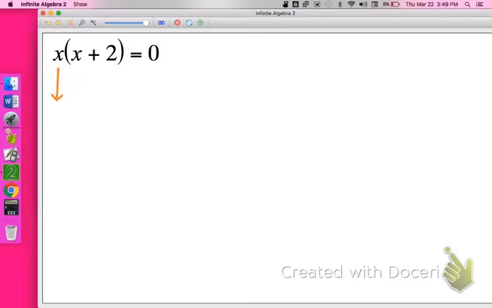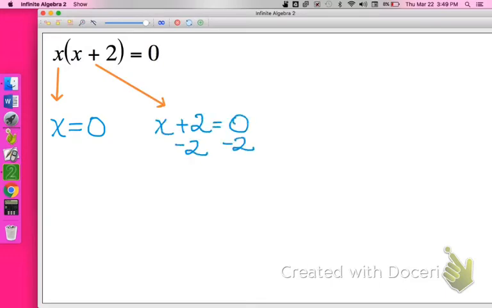So if I let that equal 0, something times something equals 0, this x can also just be a plain old 0. Okay? And then this group, the value of x here would be -2. All right? So that is how you solve these equations when they're set equal to 0.